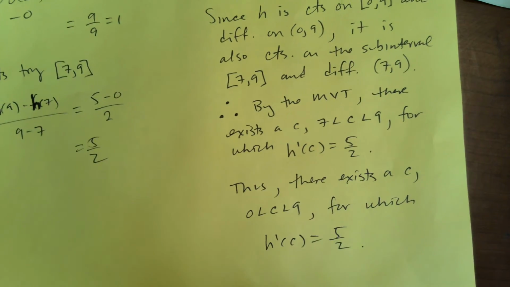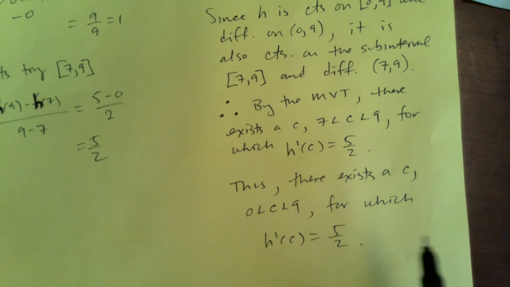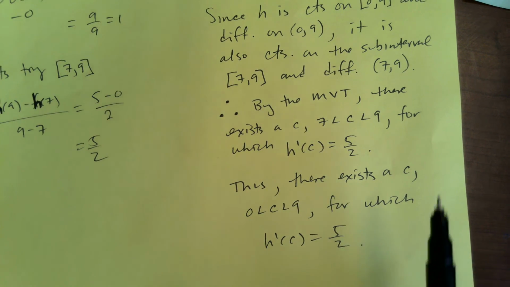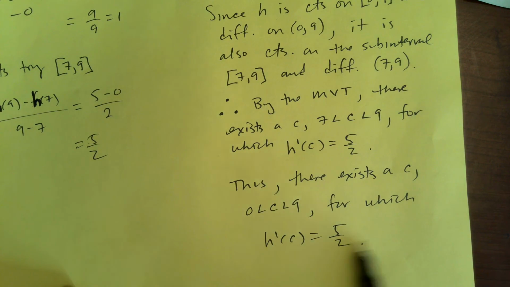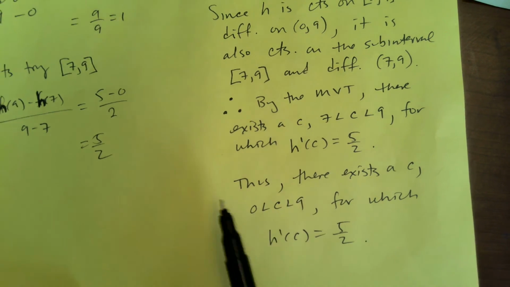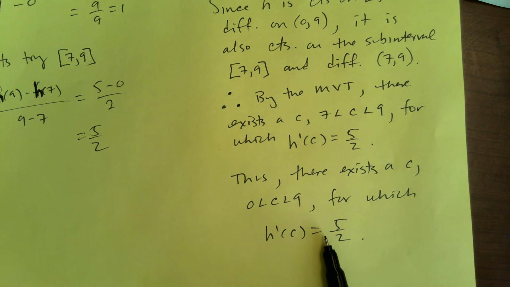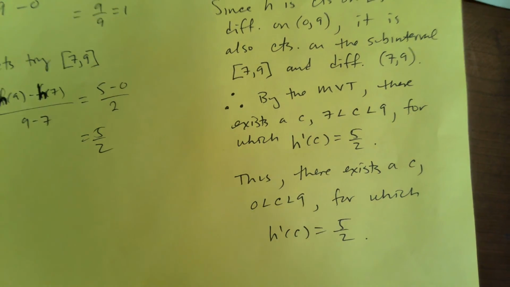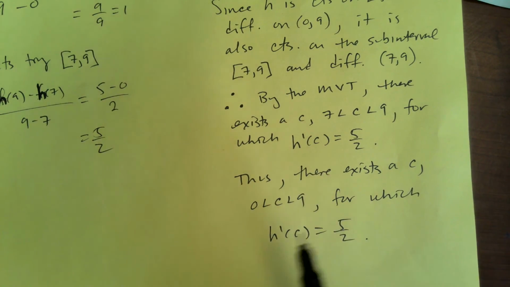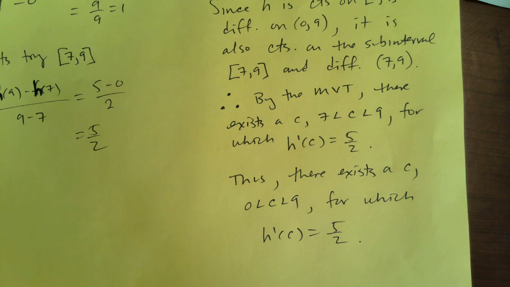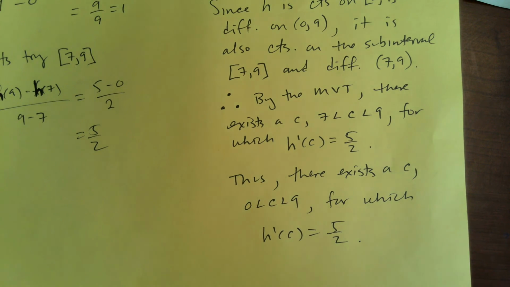Now, guys, I wanted to teach it this way, but if I was doing this on my own, instead of saying, thus, there exists a c, I would probably say something like, this c also exists on 0 to 9, because 7 to 9 is a subinterval, or something like that.